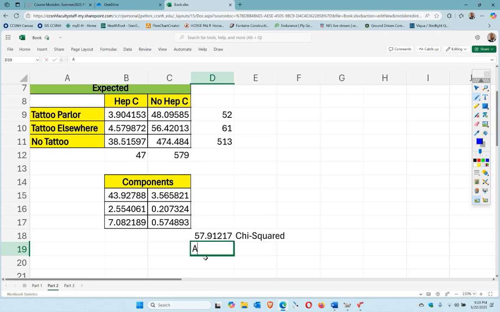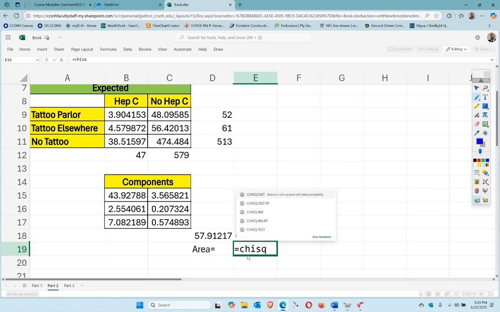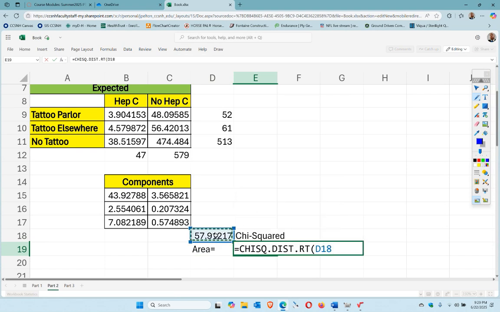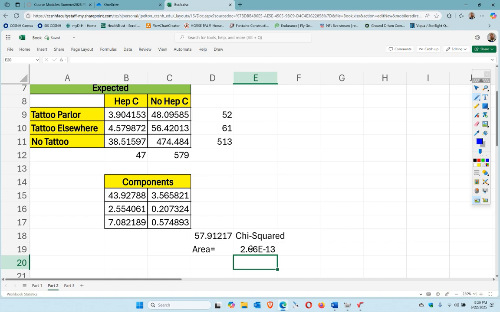So the area equals, okay, equals the chi-squared dot distribution right-tailed. Click on that, and degrees of freedom. And we get that, so that's a really small number, right? So that's 12 zeros and a 2 6, right? Because the decimal's right there, we have to move it over 13 times, so that's a 2 plus 12 zeros, right?